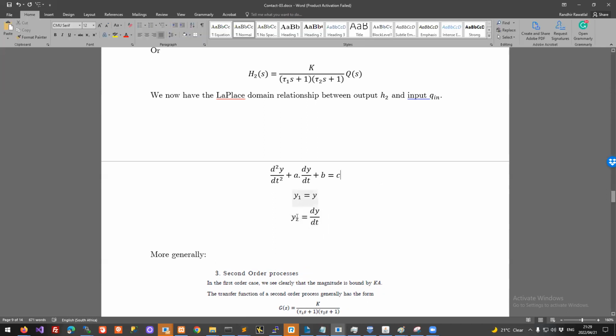So y1 and y2 are now completely different functions. They have no relationship with y. Well, they do through this now, but before we wrote this, we just regard y1 and y2 as different functions. And dy dt, even though that's a derivative, if we differentiate the function y, we'll get a new function.